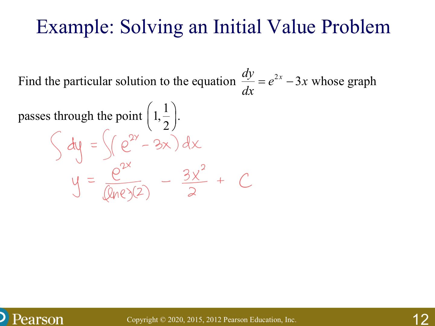And then at that point, you can find the specific solution by plugging in 1 for x and 1/2 for y. So that'll be 1/2 equals e to the 2 over 2 minus 3 over 2 plus c.